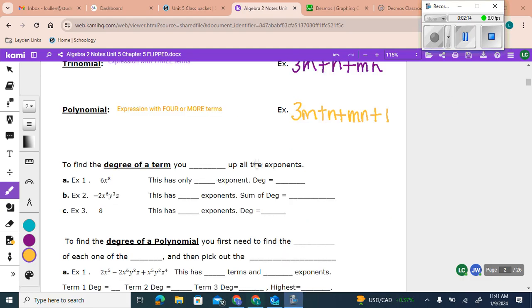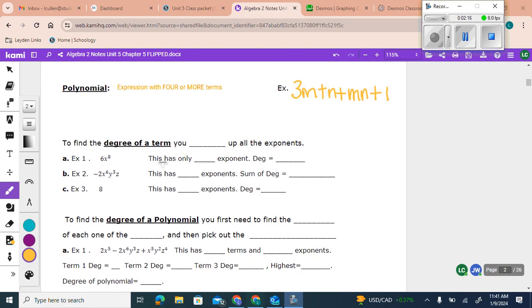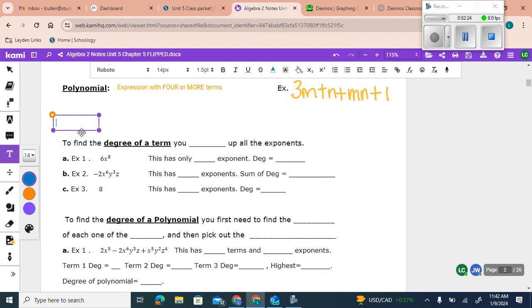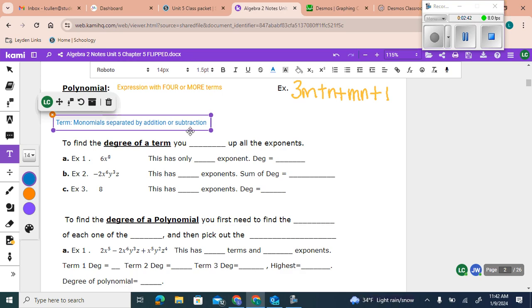Now we're going to talk about something called the degree of a term. All right, so one more time, I want to add this here. What is a term? A term is separated by addition or subtraction. I should say monomials are separated by addition or subtraction.